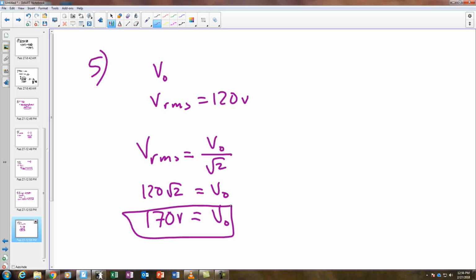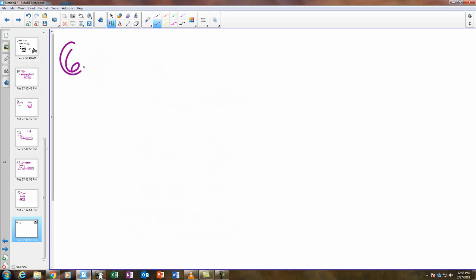And then question 6 and question 7. Question number 6 says, what amount of resistance would be required to set up a 3 milliamp current, given that you only have a 4.5 volt battery? So V equals 4.5 volts, I equals 3E negative 3 amps.